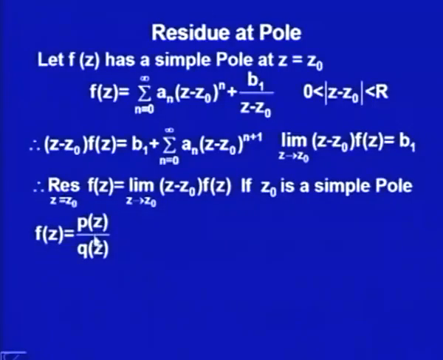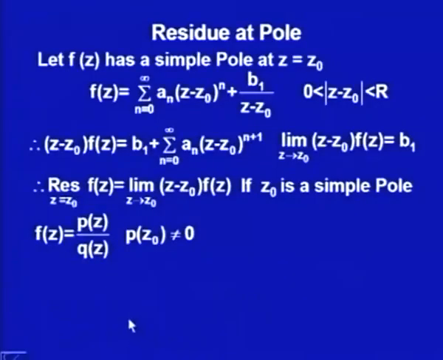If f(z) is p(z) upon q(z) and p of z naught is not 0, that is, z naught is not a 0 of p, but z naught is a 0 of q, and that 0 is a simple 0, so that I do have a simple pole at z naught for f(z).